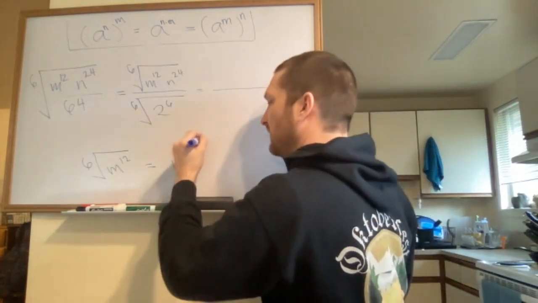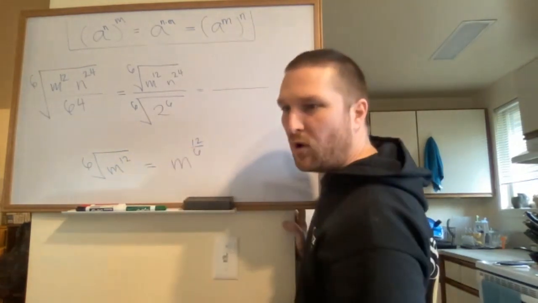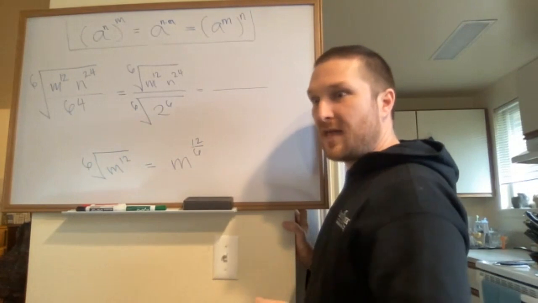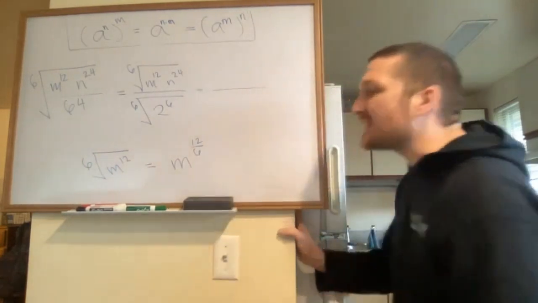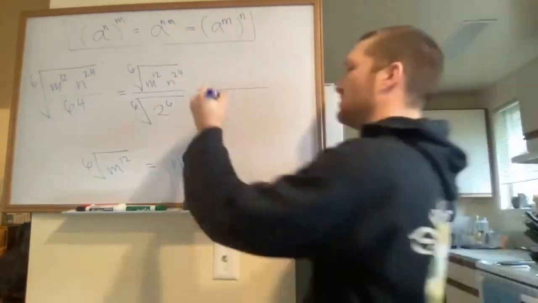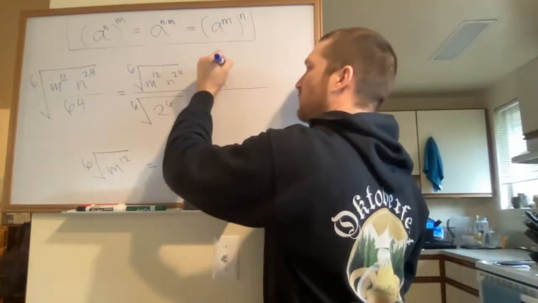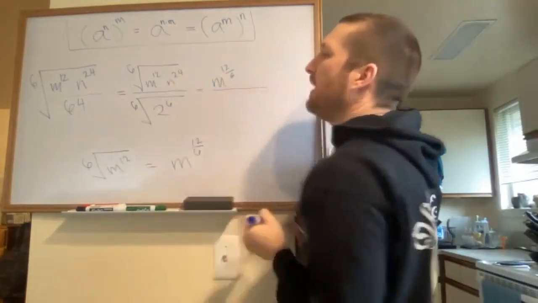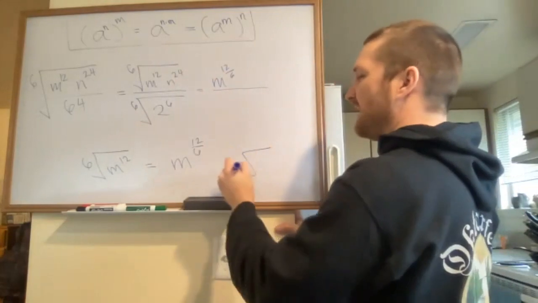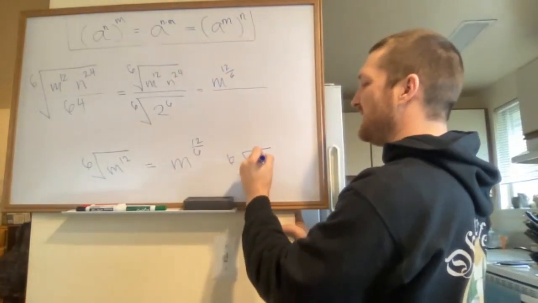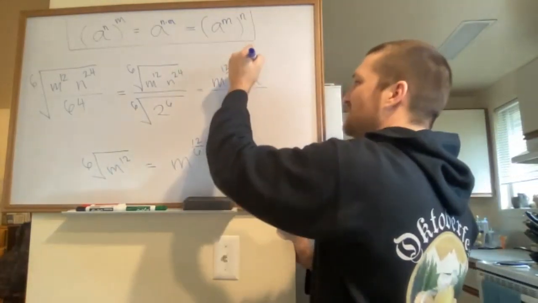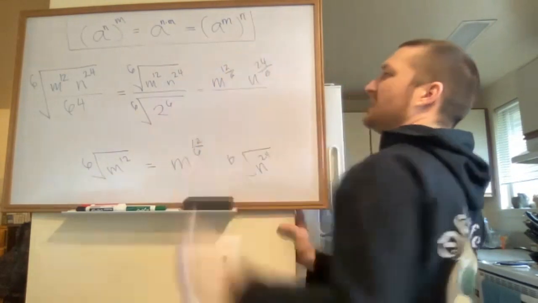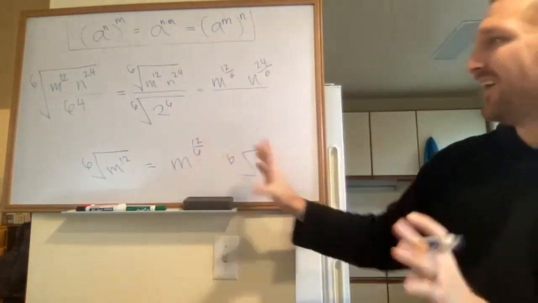Okay, I couldn't hear you because of the noise. So yes, m to the 12 over 6. Let's just write it like that. And then what about this one? If we just have the sixth root of n to the 24, it would be n to the 24 over 6.